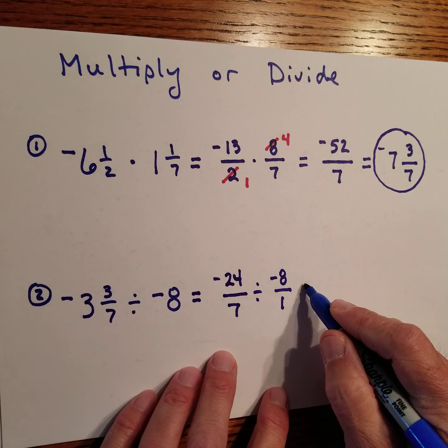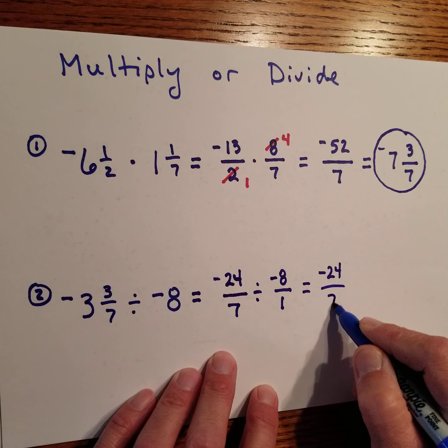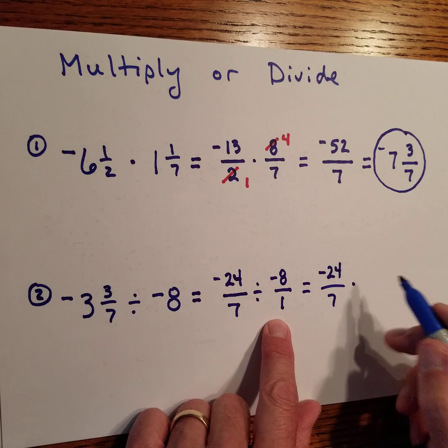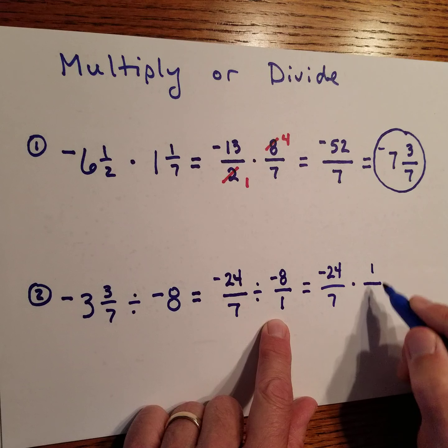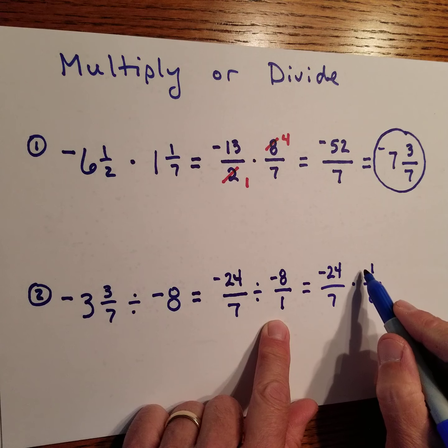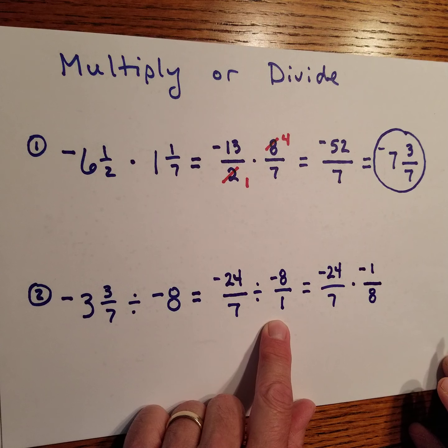Now we know that in a division problem, we keep the first fraction, change division to multiplication, and take the reciprocal of the second fraction. So instead of 8 over 1, we'll have 1 over 8. Doesn't matter where you put this negative, so long as this fraction keeps a negative.